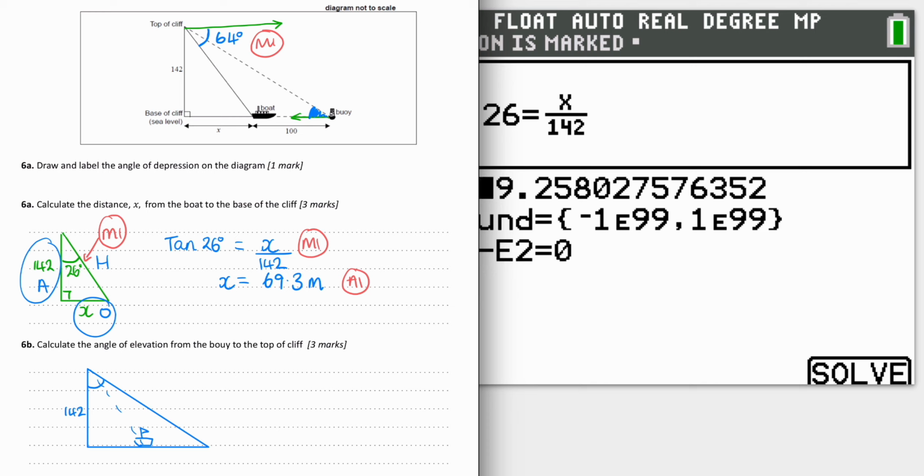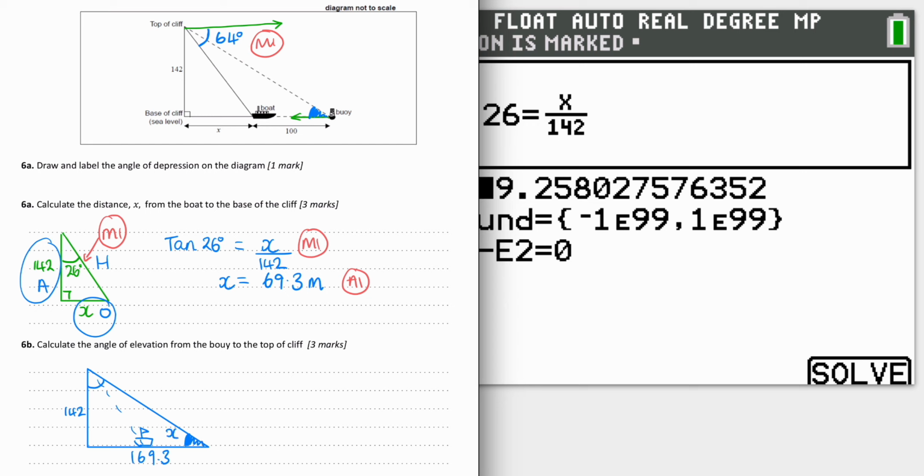But I do know the length of the base, which is x plus the extra 100, so it's 169.3. A lot of people got question A wrong, but if you added on 100, then you could still get all the method marks for part B. And we're trying to find this angle here.